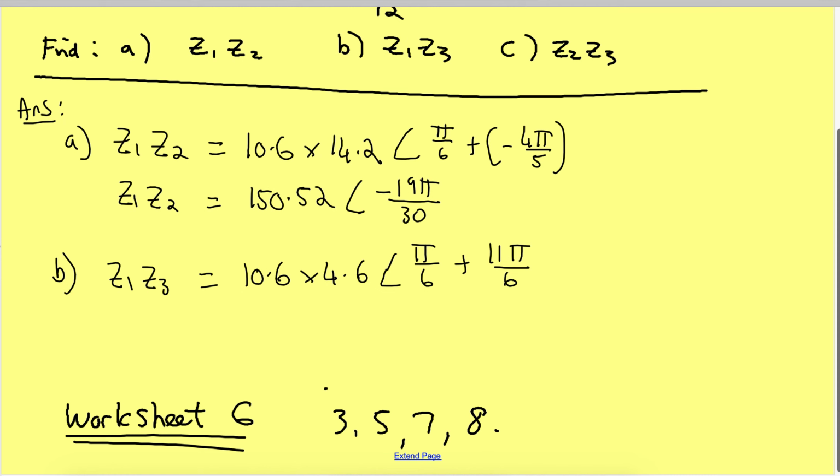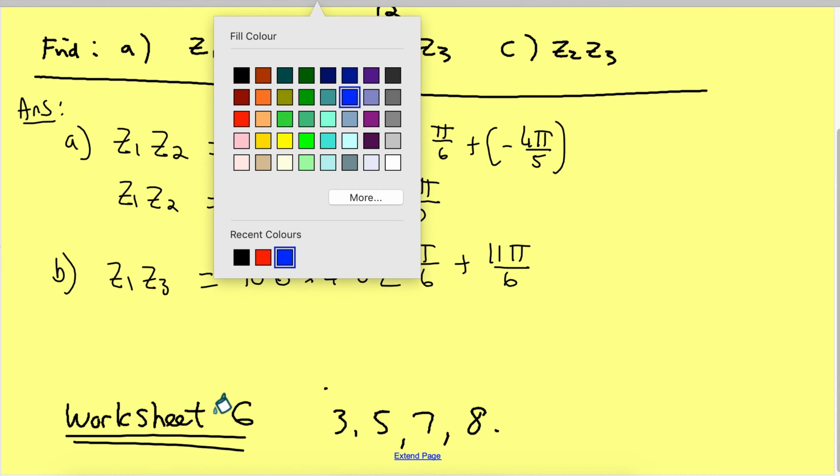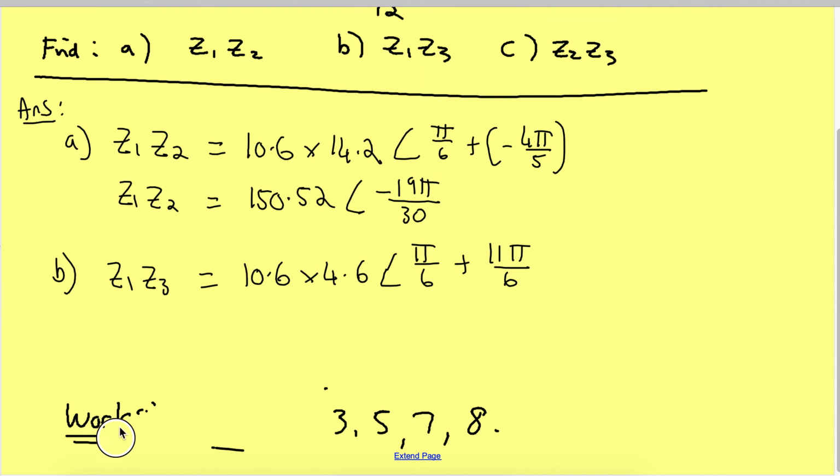Again, I'll just remove these wee worksheet things. Here we go. So let's just type that in. So 10.6 multiplied by 4.6 is 48.76.